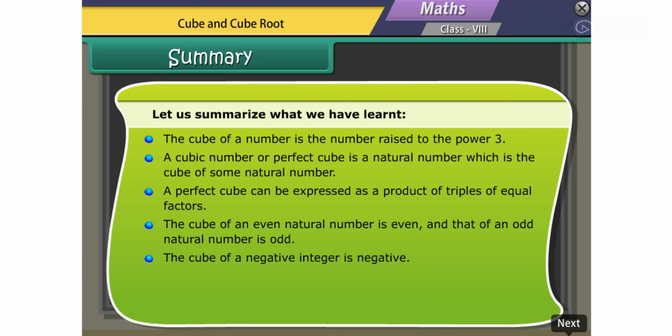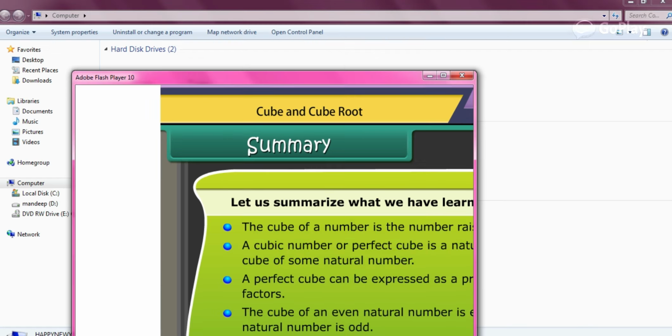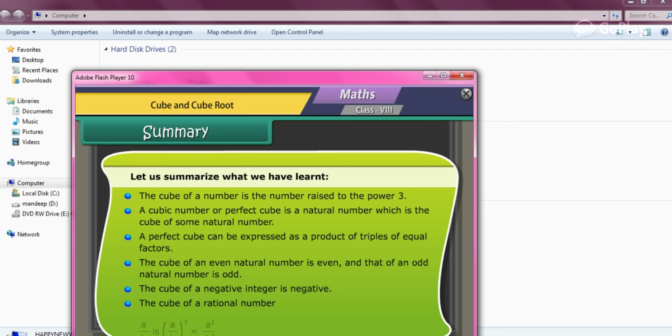The cube of a negative integer is negative. The cube of a rational number a upon b is a upon b whole cube, which is equal to a cube upon b cube.